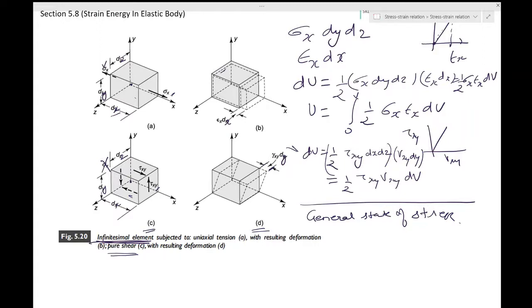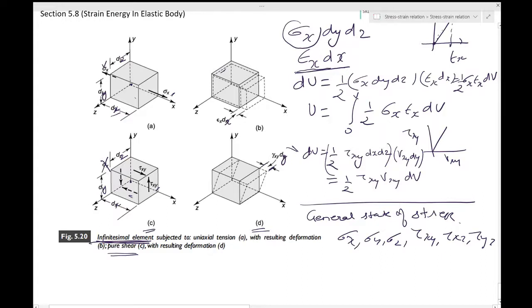So for example, if you have this sigma x, and all the strains like epsilon x, epsilon y, epsilon z, gamma, tau xy, tau xz, tau yz, the work done which will contribute to the strain energy by sigma x will only be because of this deformation which it is generating.